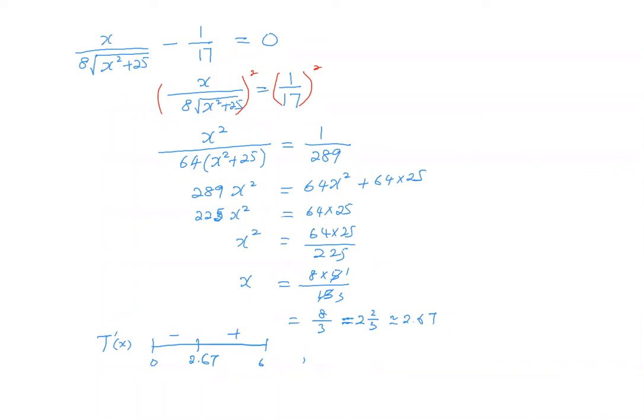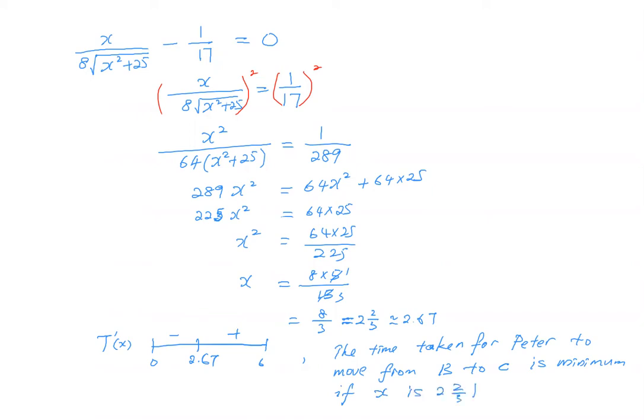So that means what is the significance? They say Peter rowed directly from B to X. So you say, okay, the time taken for Peter to move from B to C is minimum if X is 2 2/3 kilometers from A. Done.